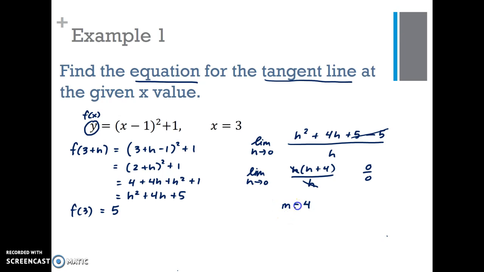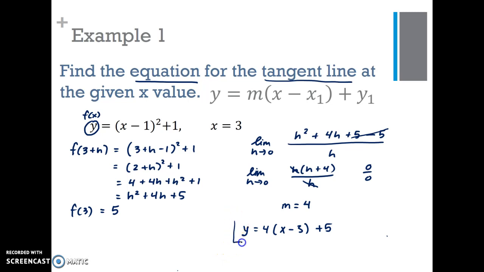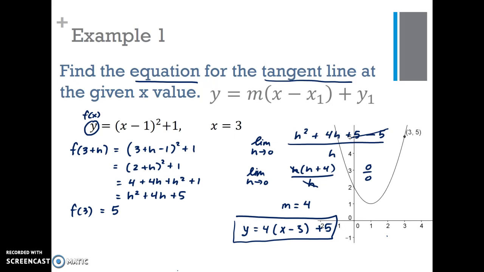Remember, 4 is going to be our slope, so when we want to write the equation for the tangent line, we remember that point-slope form of a line, and we say y equals 4 times x minus 3 plus 5. And this time I don't really have a choice about which point I'm going to use. I only have one point, because the tangent line only touches at one point. I'm going to skip the next example for this video anyway.